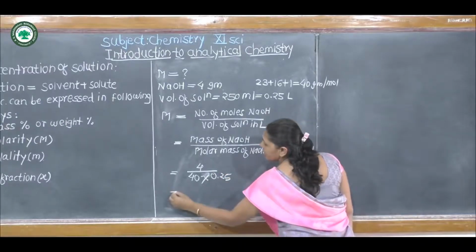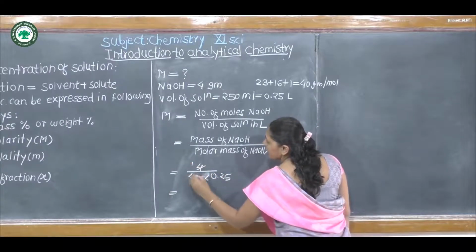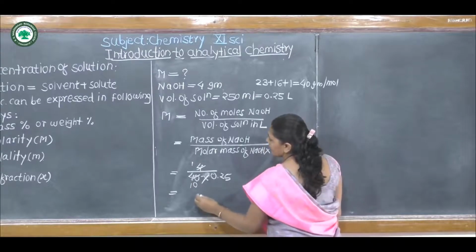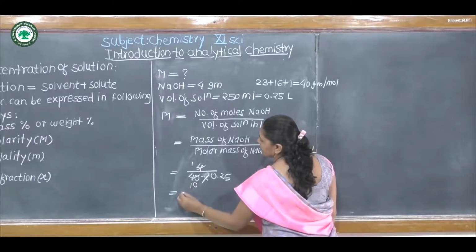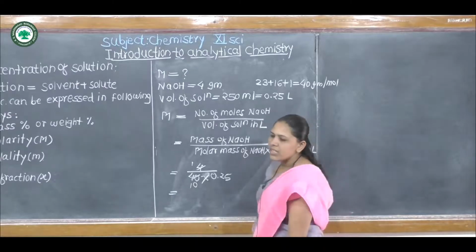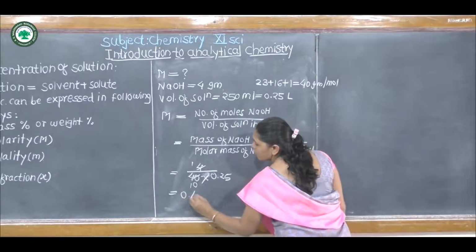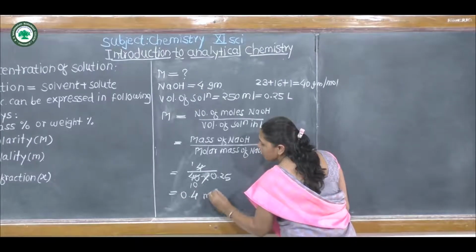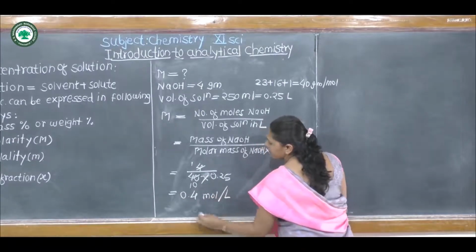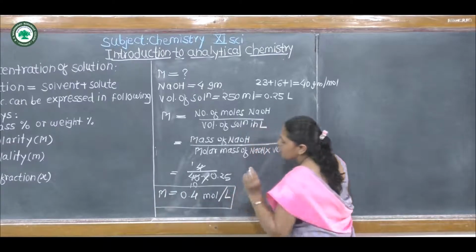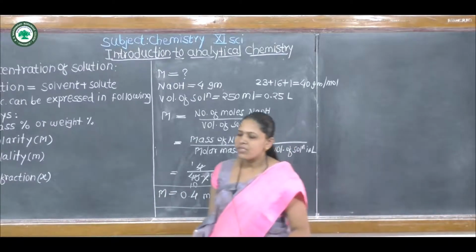Then what is the answer? 0.4 mole per liter is the molarity, 0.4 moles per liter.